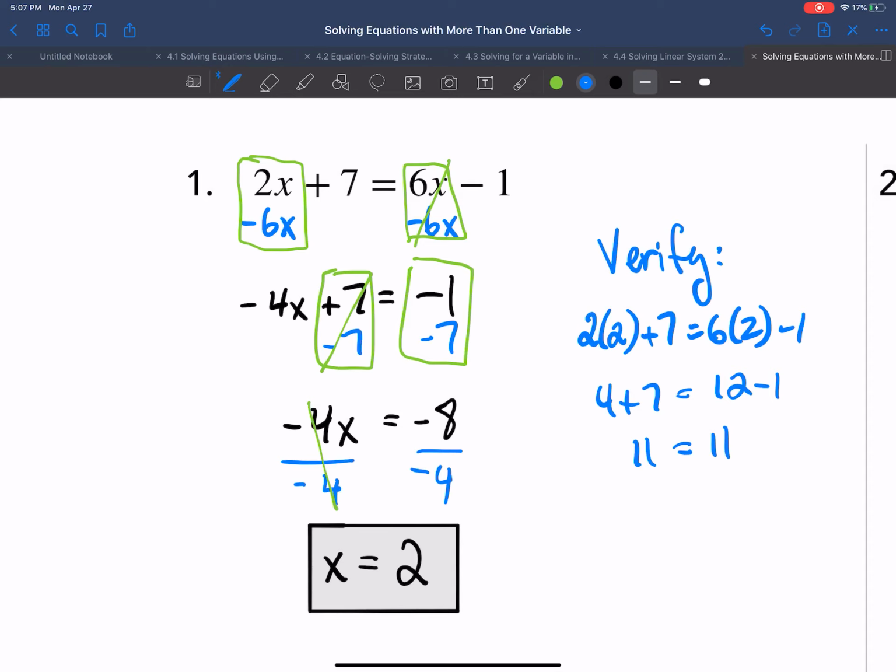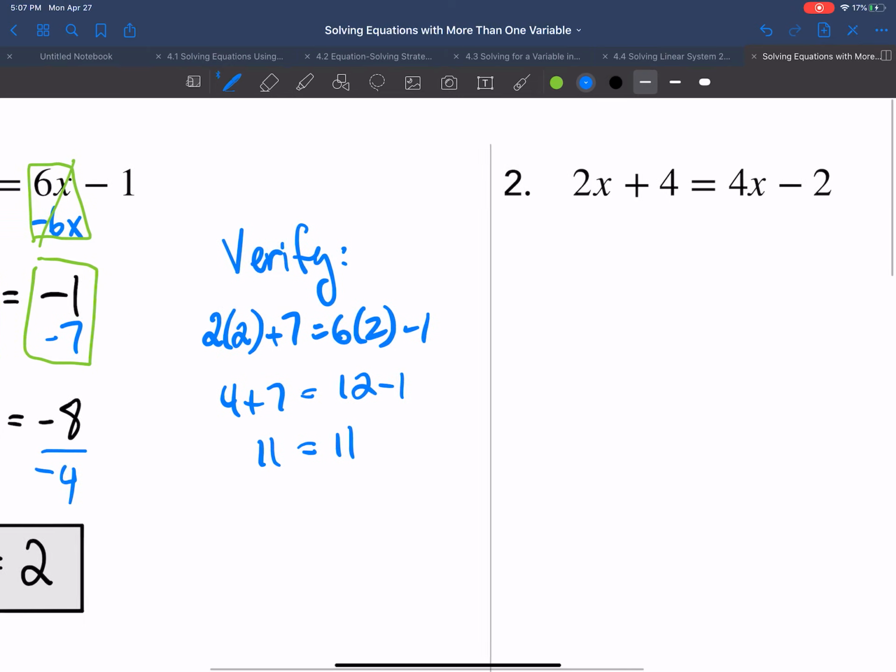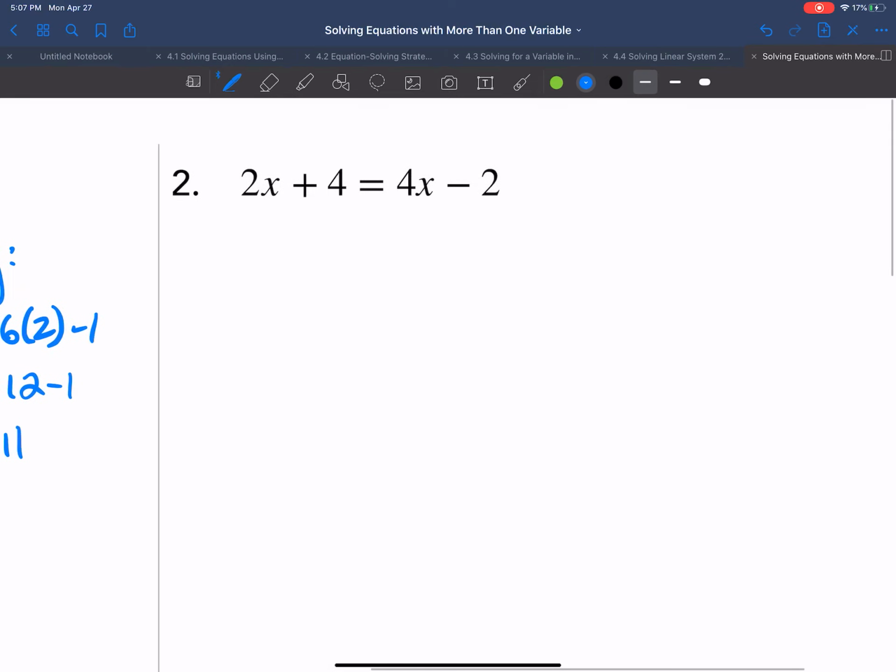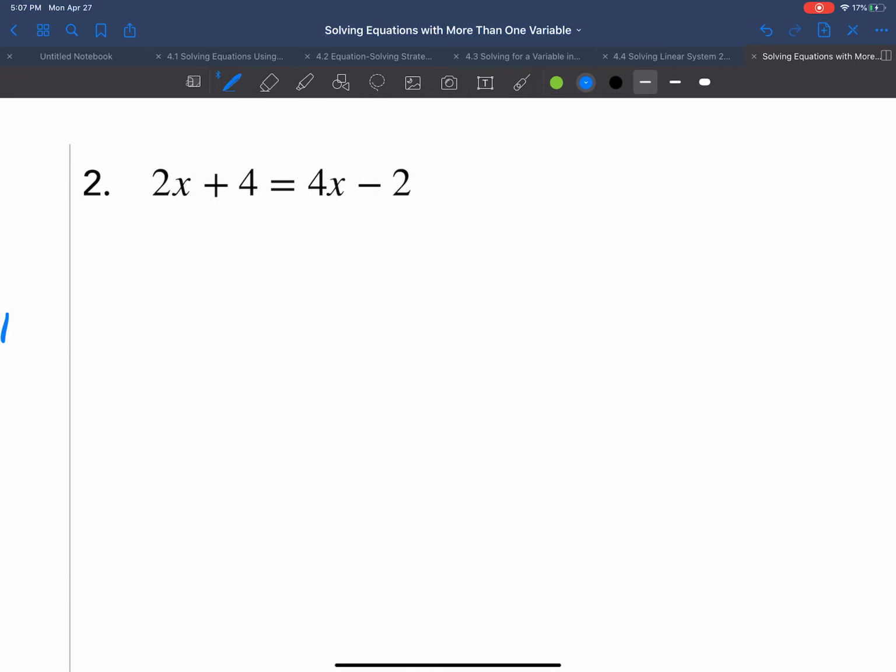Okay. So now if we move to the next one, again, I have the same problem. I have x's on both sides. It doesn't matter which side you choose, whichever one you feel like doing. Last time we went left, so this time let's go right.